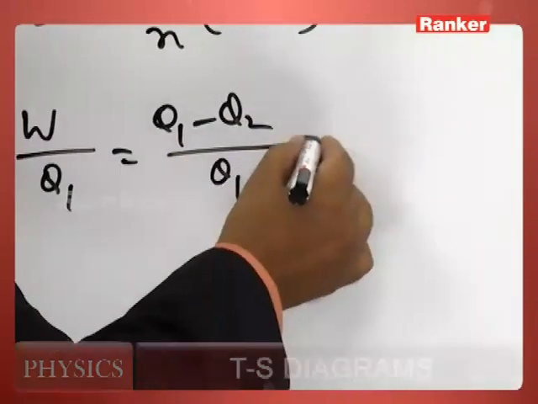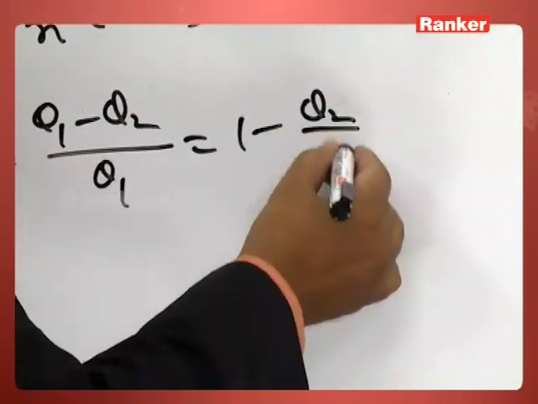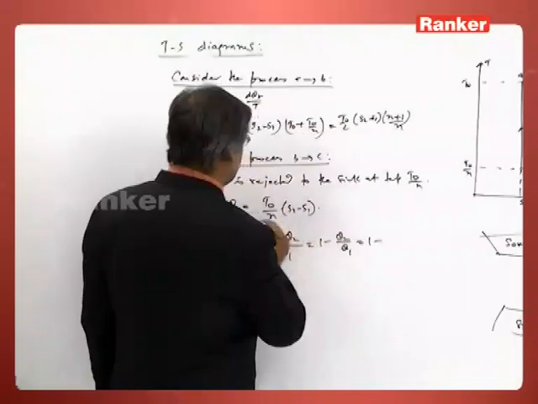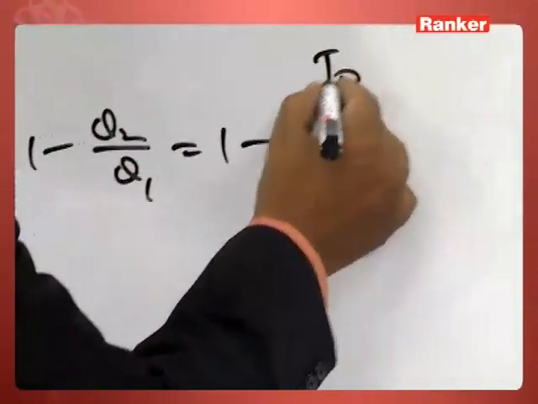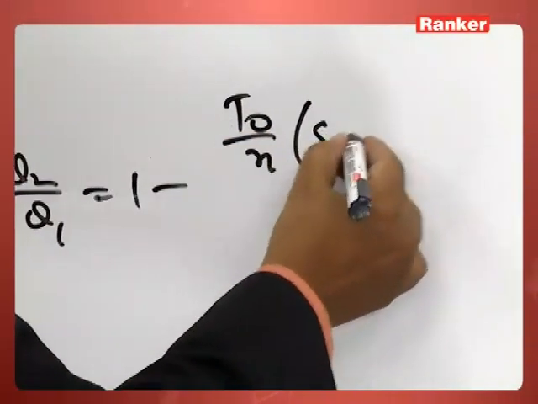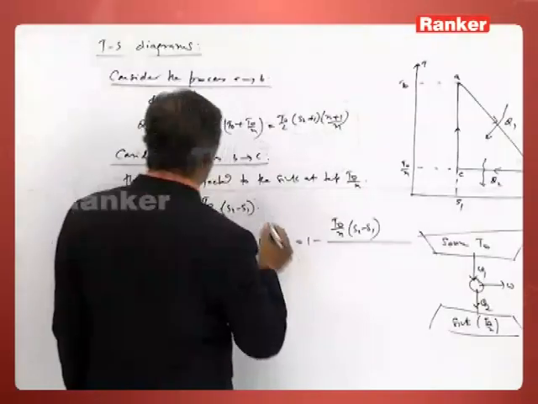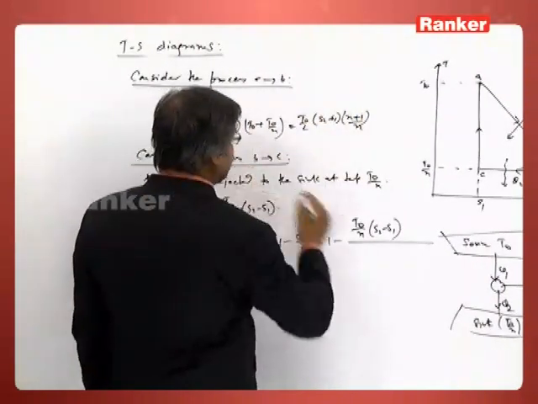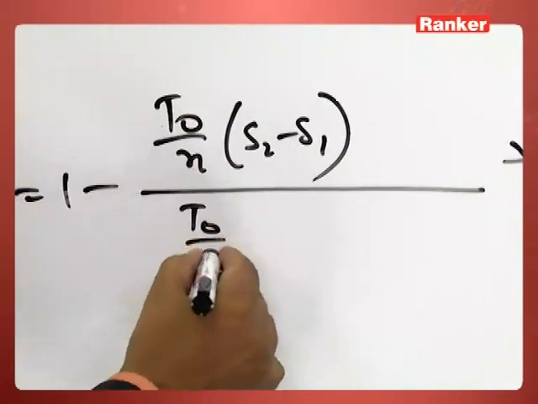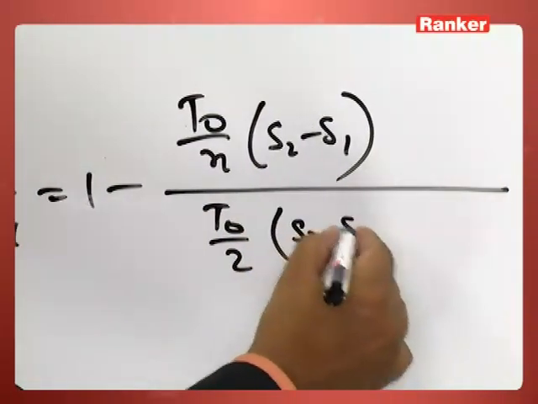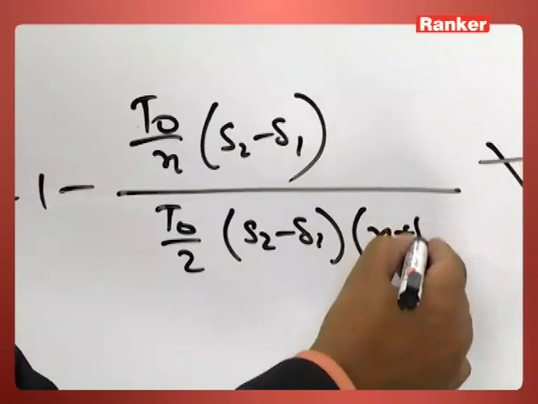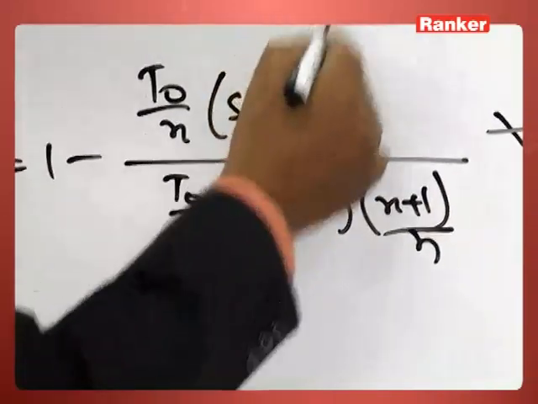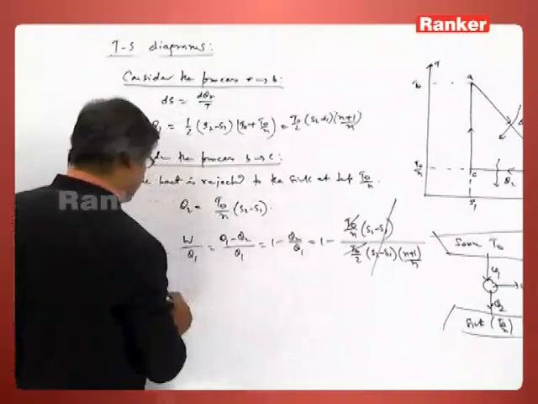That is 1 minus Q2 by Q1. Q2 is T0 into S2 minus S1, upon Q1 input, which is T0 by 2 into S2 minus S1 into N plus 1 by N. This cancels out.